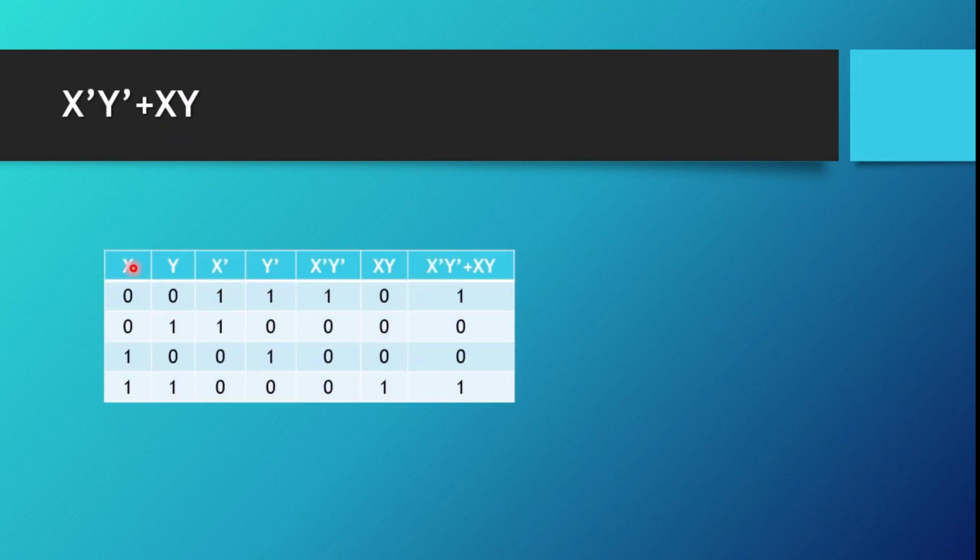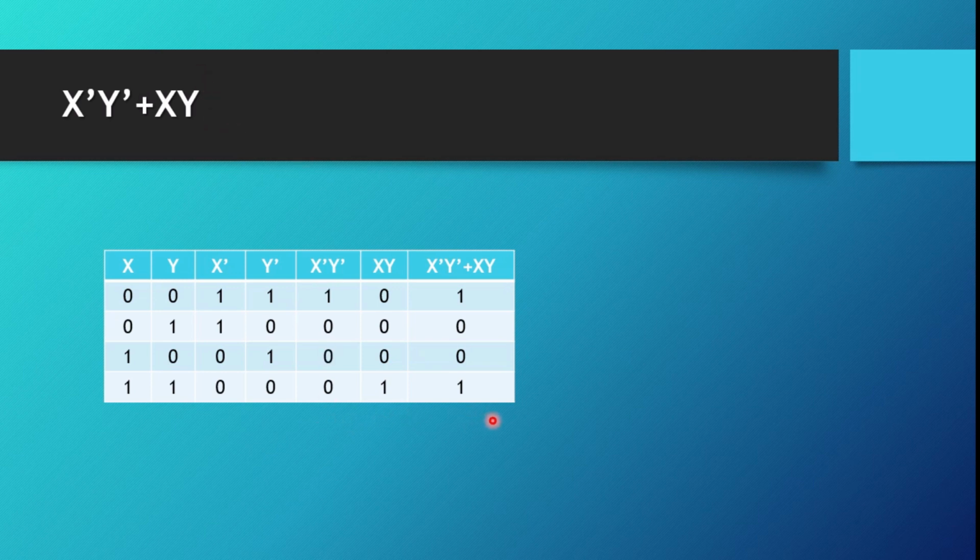Okay, so first of all we have written x, y, then we have calculated x complement, then y complement. Then we calculate the individual terms, that is x complement y complement. This is x complement y complement. Then xy. So this is xy.